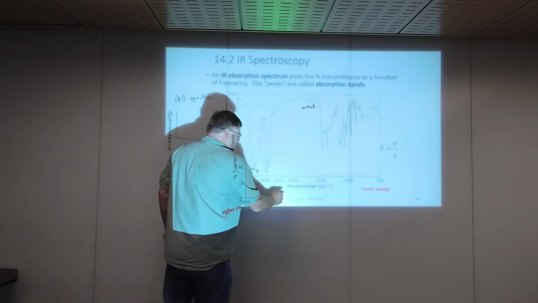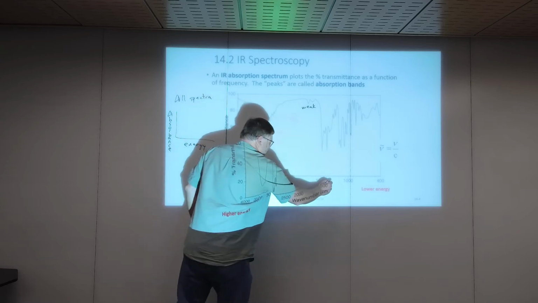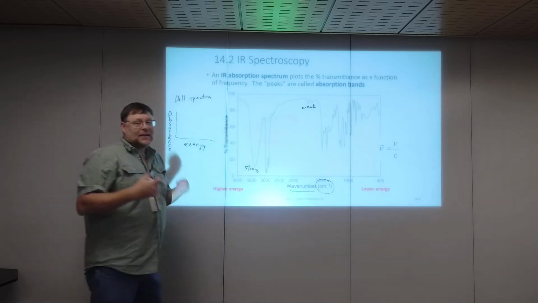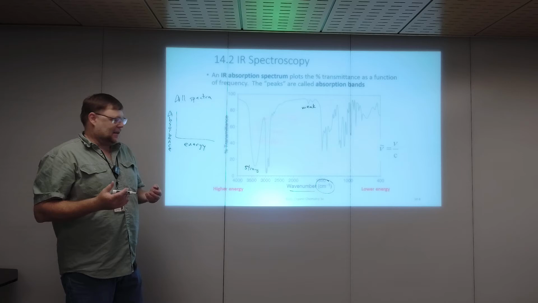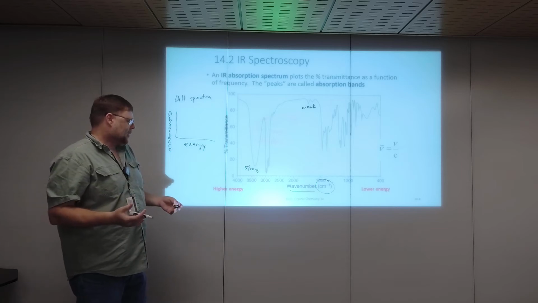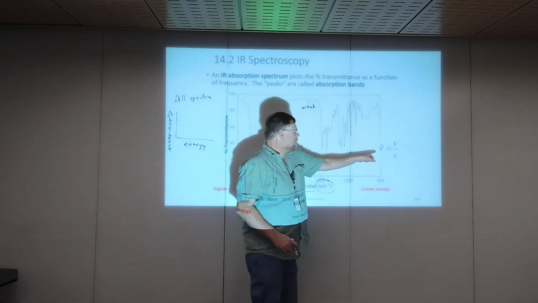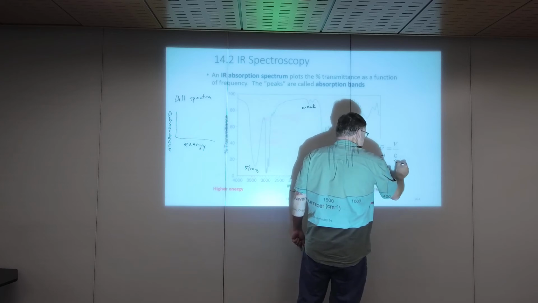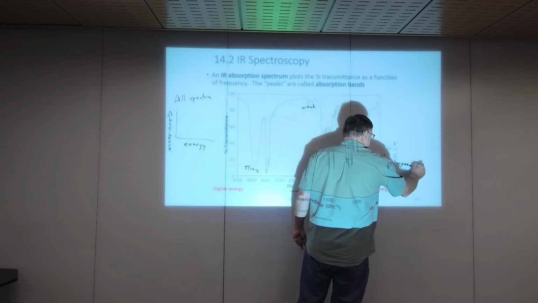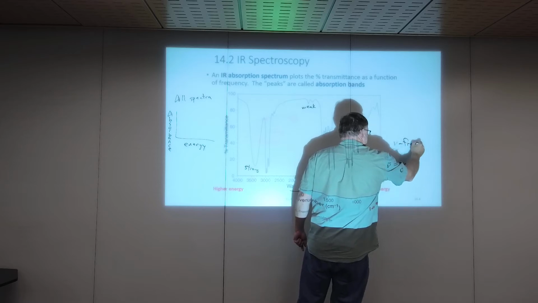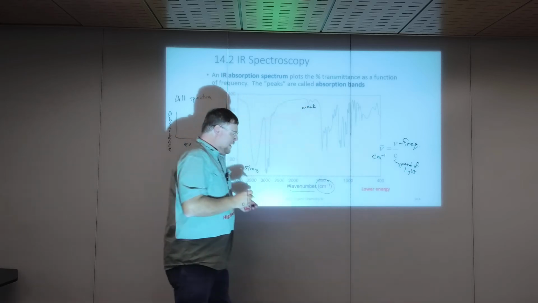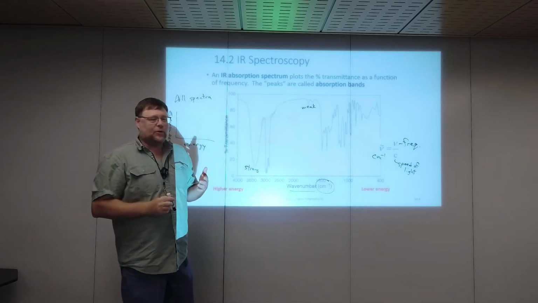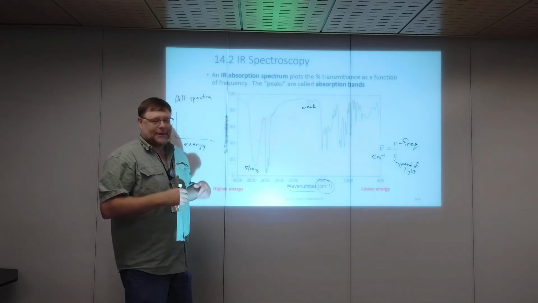The energy axis is given in wave number, or reciprocal centimeters. That's not going to be something that jumps out at you right now as an energy. The wave number is equal to the frequency of the photon divided by the speed of light.